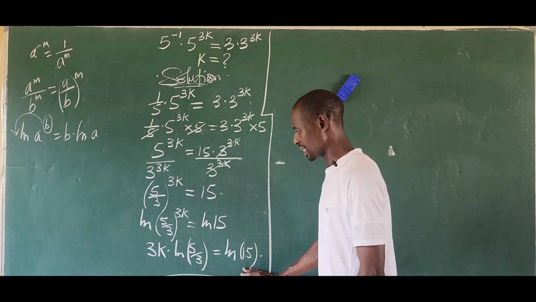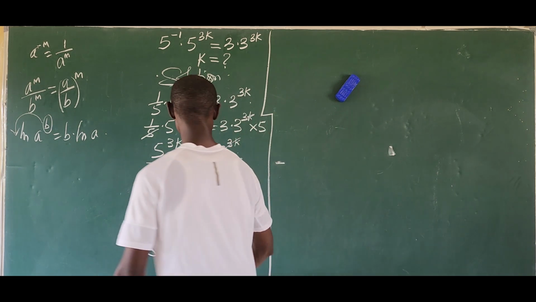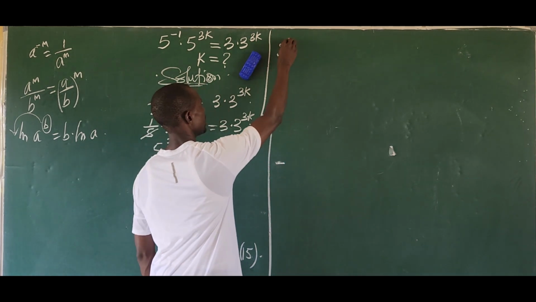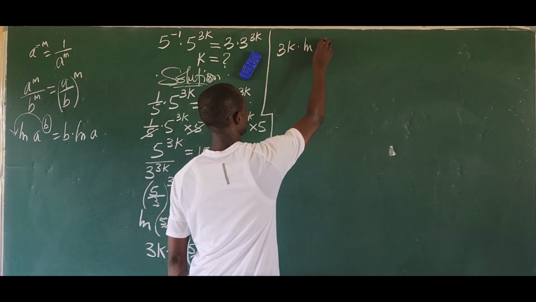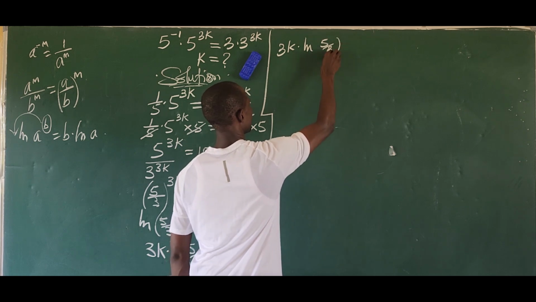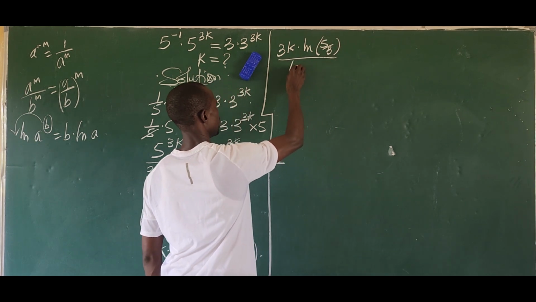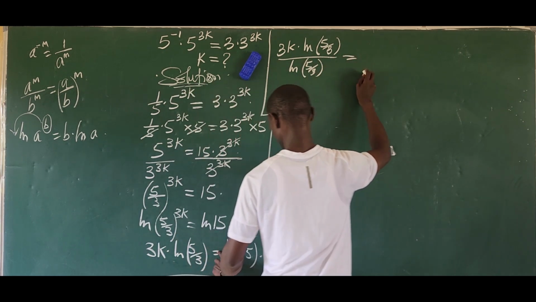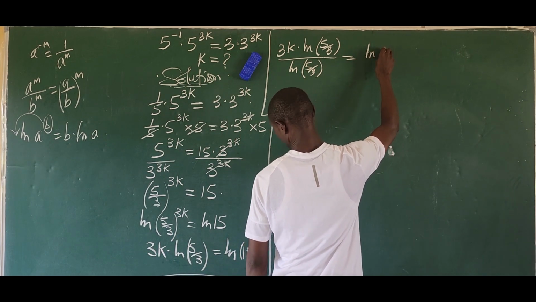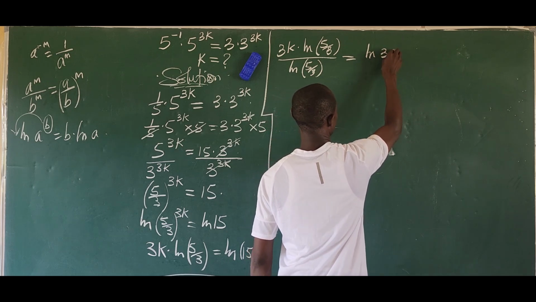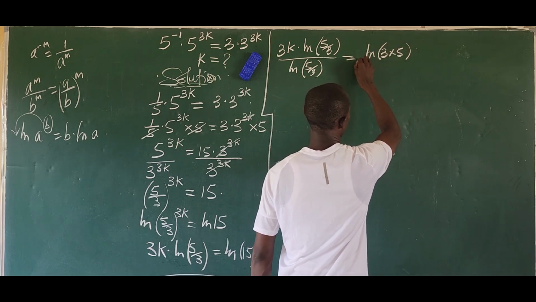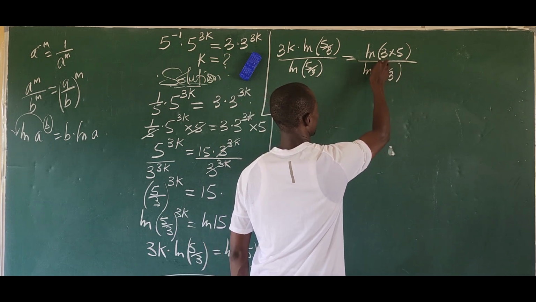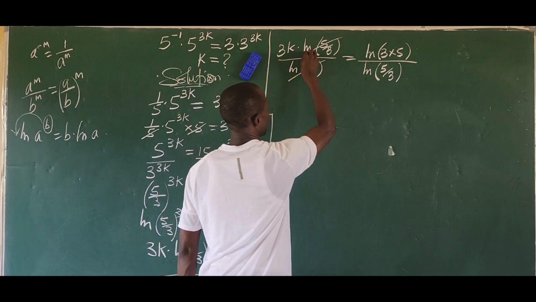Then we divide through by the expression ln of 5 over 3. So we have 3k times ln of 5 over 3, all over ln of 5 over 3, equal to ln of 3 times 5, in brackets, all over ln of 5 over 3. So this cancels.